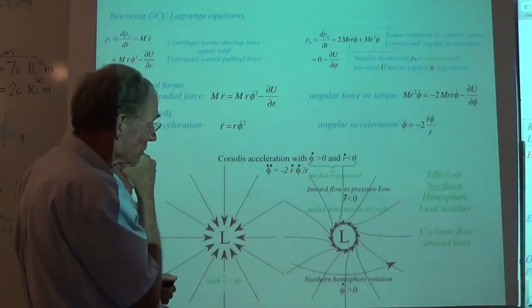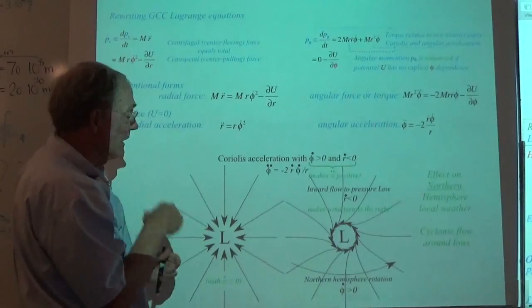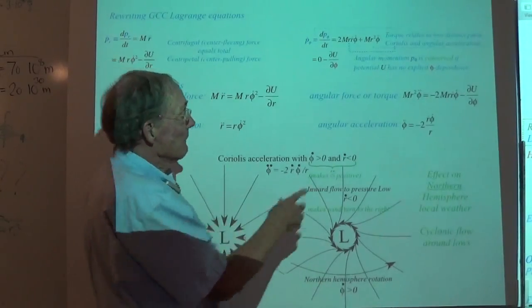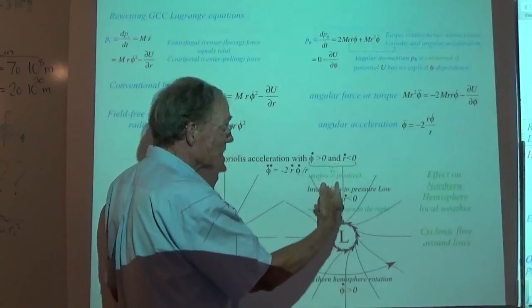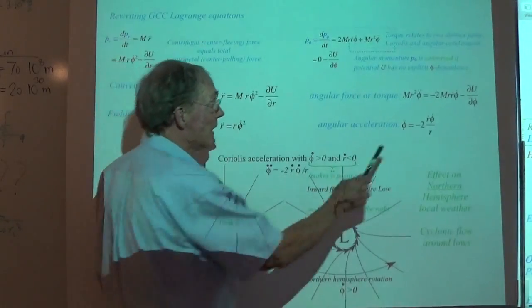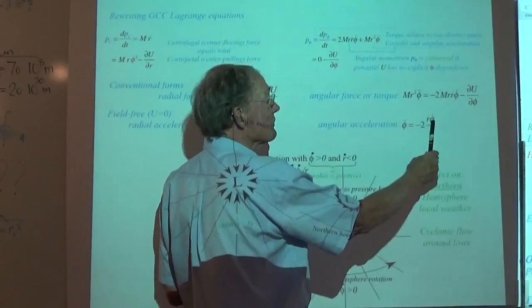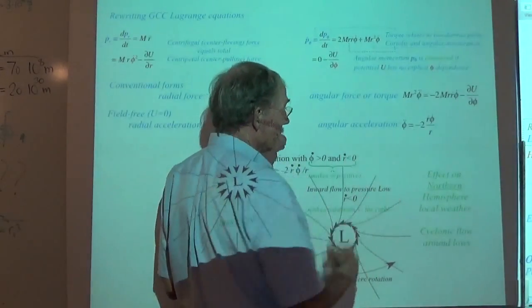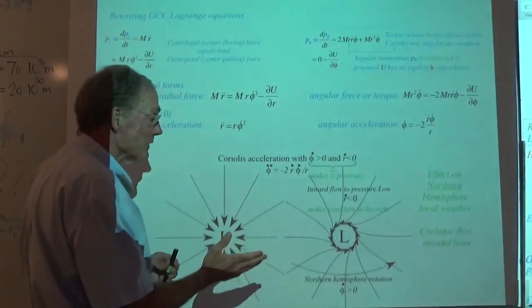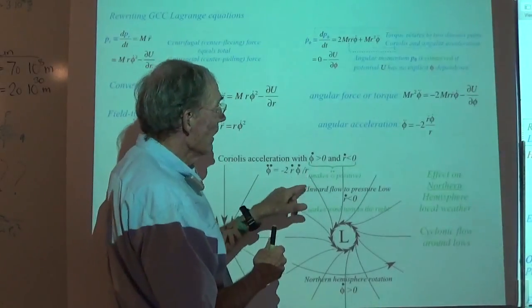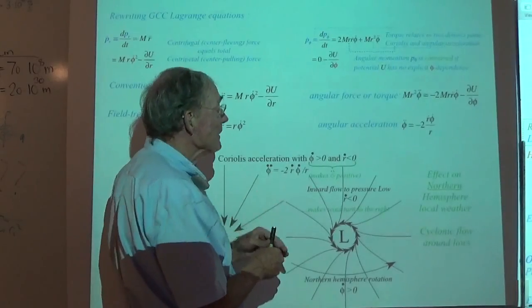Another low pressure area is going to move in, and it's already established this motion, but r dot for a low pressure area is less than 0. r dot is negative in this equation. So phi dot is positive, r dot is negative, and a negative negative gives a positive, so I'm going to end up with this term here, phi dot dot, being positive.